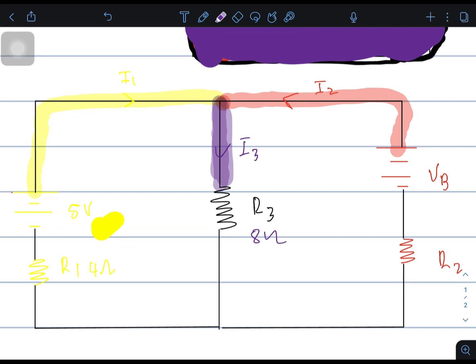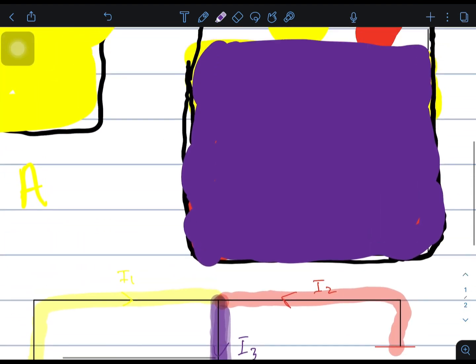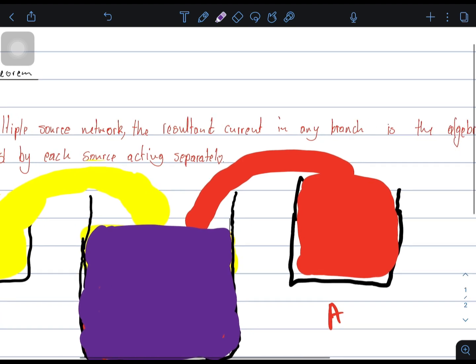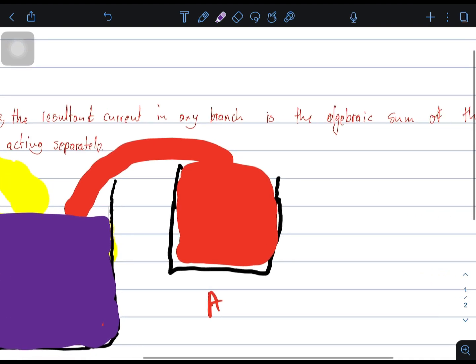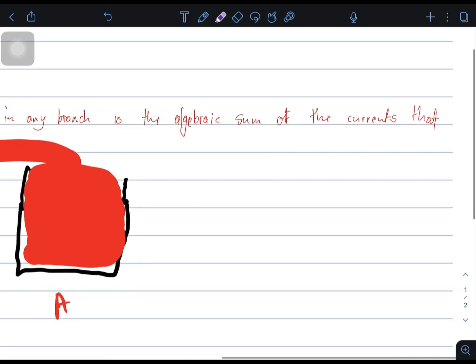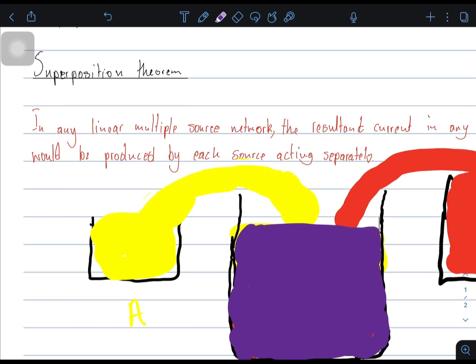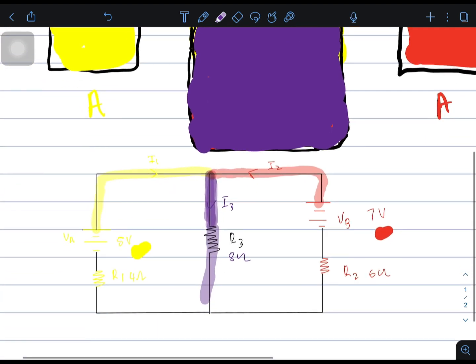You see, the resultant current is flowing in this branch. That is why this theorem is saying the resultant current in any branch is the algebraic sum of the currents that would have been produced by each source acting individually.